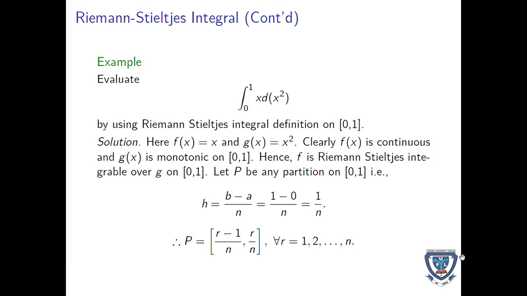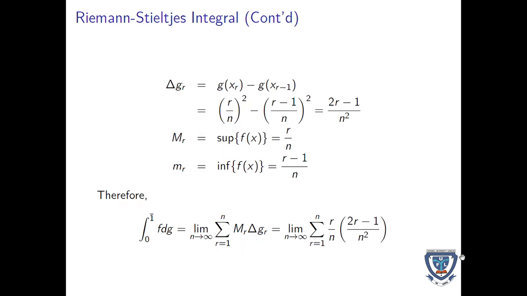Therefore, P will be the intervals [(r minus 1) over n, r over n], for all r equal to 1 to n. Now, the difference in g_r for this example will give us (2r minus 1) over n squared. Capital M_r, which is the supremum of f of x, will give us r over n.